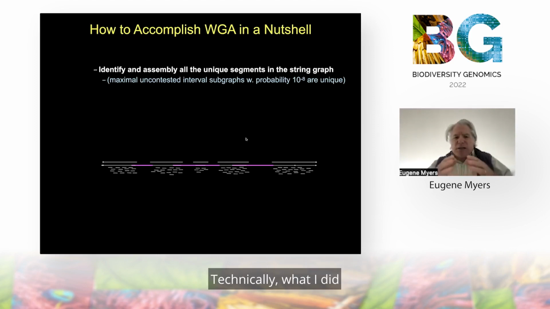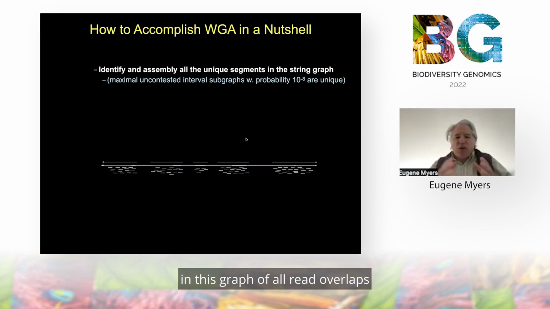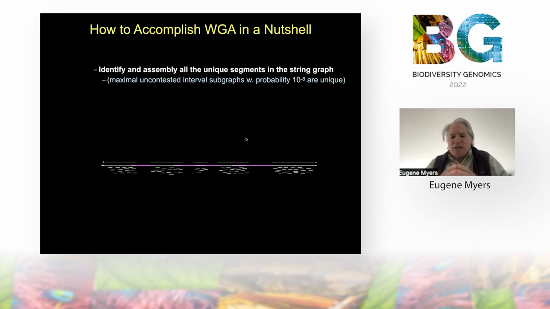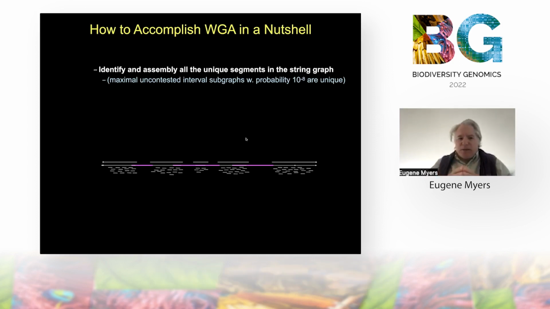Technically, what I did was I found the uncontested minimal subgraphs in this graph of all read overlaps that had depth of 1.4 times the coverage C or less. I call these subassembled parts unitigs.